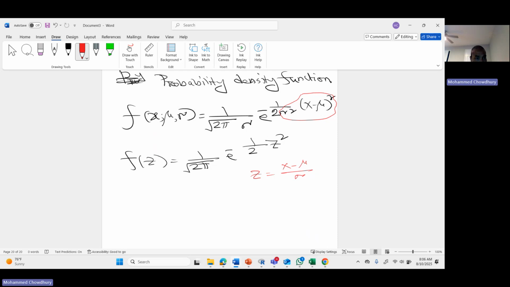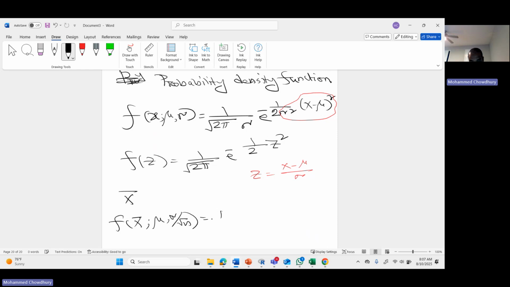Now, if you have data, and from that data you find the distribution of x bar, how x bar behaves, then this is called the sampling distribution. The distribution of x bar has a mean mu and standard deviation sigma over square root of n.